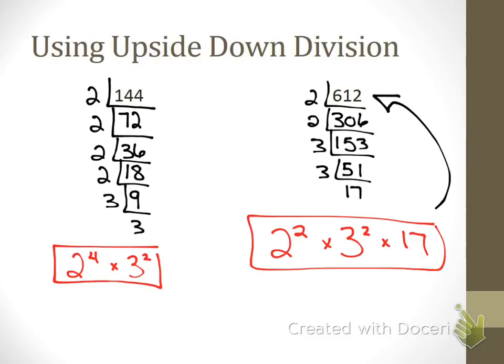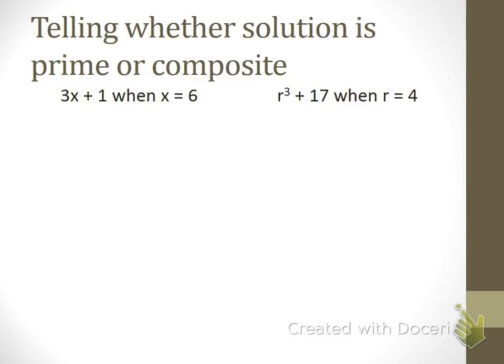So you see, all I did was break down 612 into its prime factors, or its prime pieces. I can put it all back together just as easy by multiplying them together. Does that make sense? I didn't change the number or its value. I just broke it down into its prime components. Upside down division, by far my favorite way of doing it.